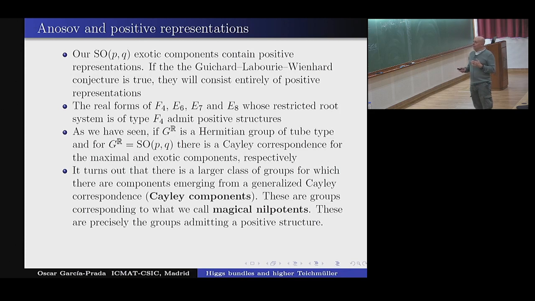Meaning that you can identify some components of the moduli space with some other moduli space of twisted objects, by powers of the canonical bundle and other things, in something that we have loosely called Cayley correspondence. And you can say that we could call those components Cayley components, because that's how we find them. And the conjecture is that these Cayley components are the same as the higher Teichmüller components consisting of positive representations.